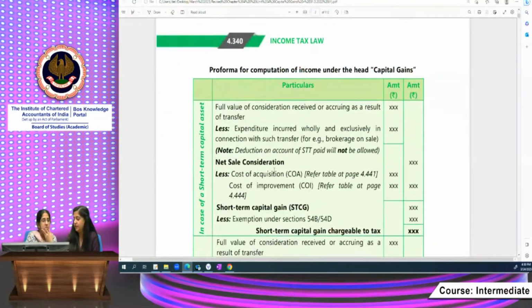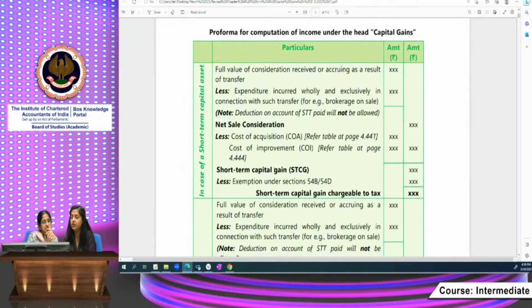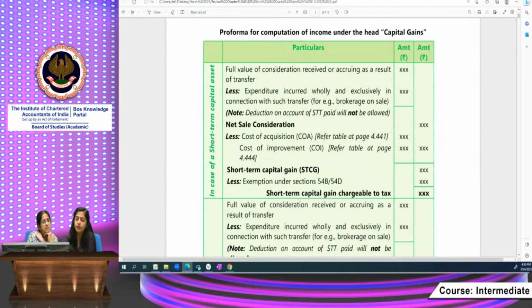Capital gain, if you see the computation proforma, it's very simple, but when you go into detail, for each item you have a detailed provision. But in the computation part, unlike salary or PGBP, there's no full-fledged big computation chart. You have to take the full value of consideration.